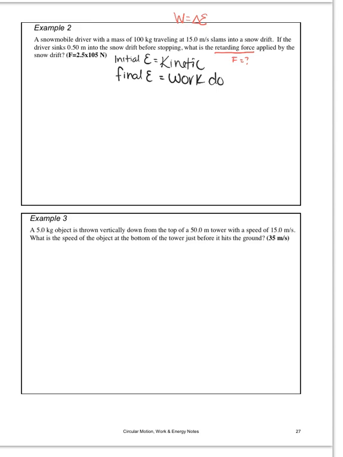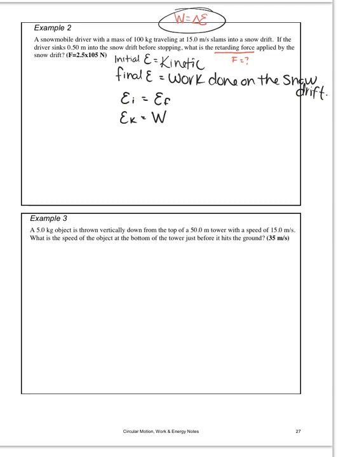Work is done on the snowdrift. Again, because work is equal to energy. So the initial energy is equal to the final energy. The initial energy was kinetic, so EK. And the final energy in this case is work.